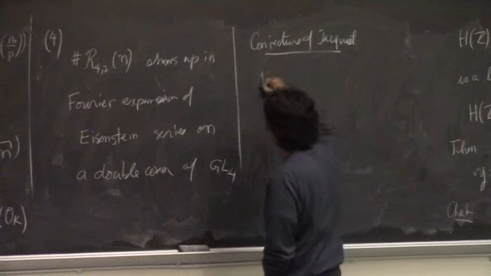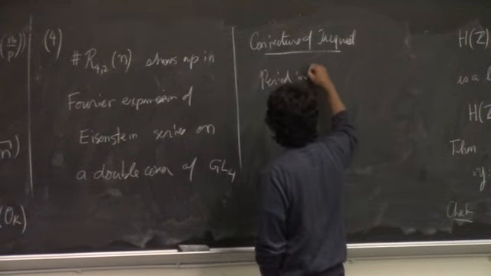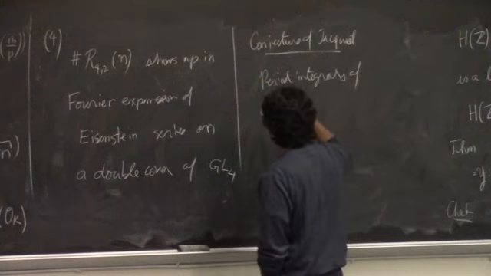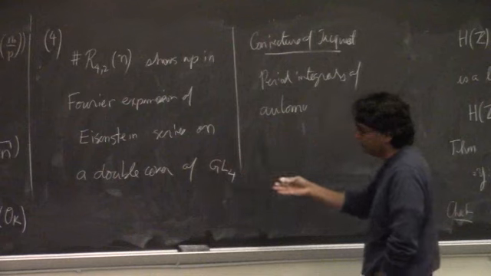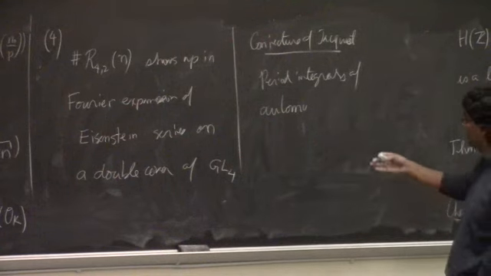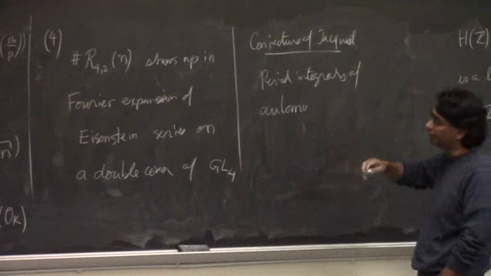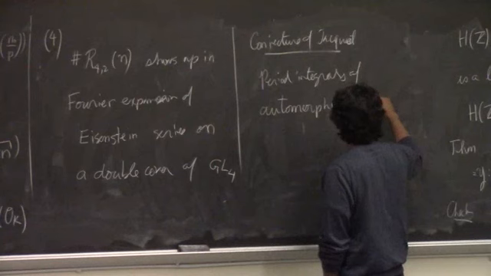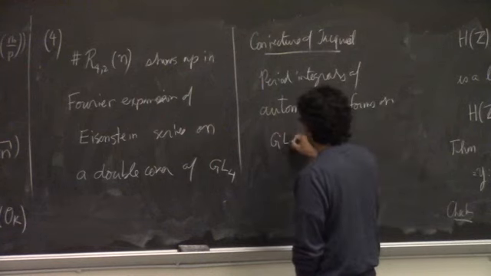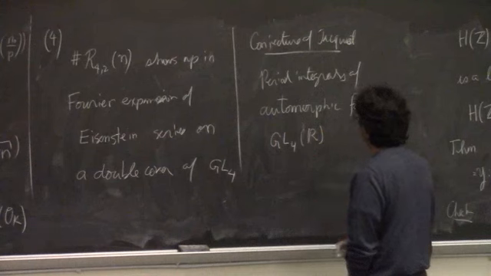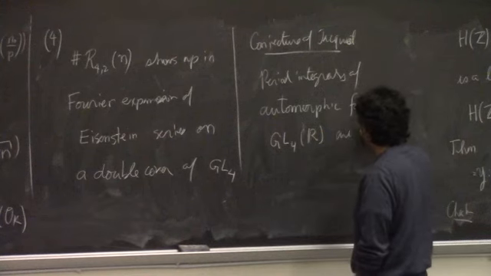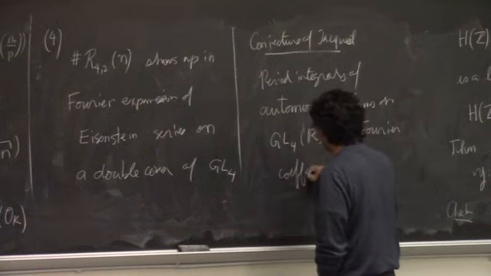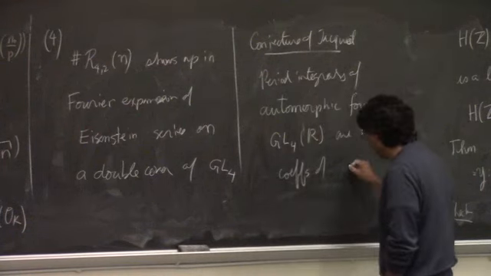Certain period integrals of automorphic forms, such as an Eisenstein series, a function on GL4R which is invariant under GL4Z, are Fourier coefficients of double cover Eisenstein series.